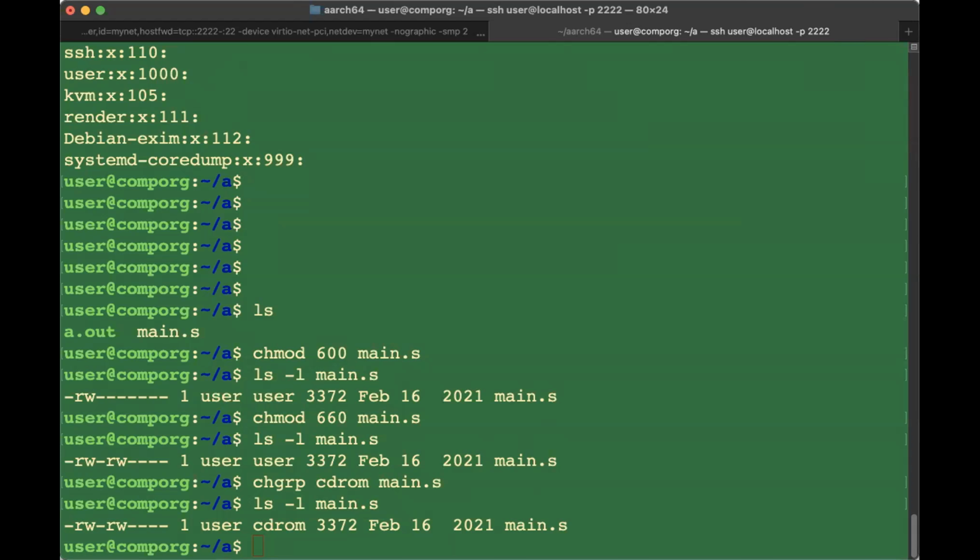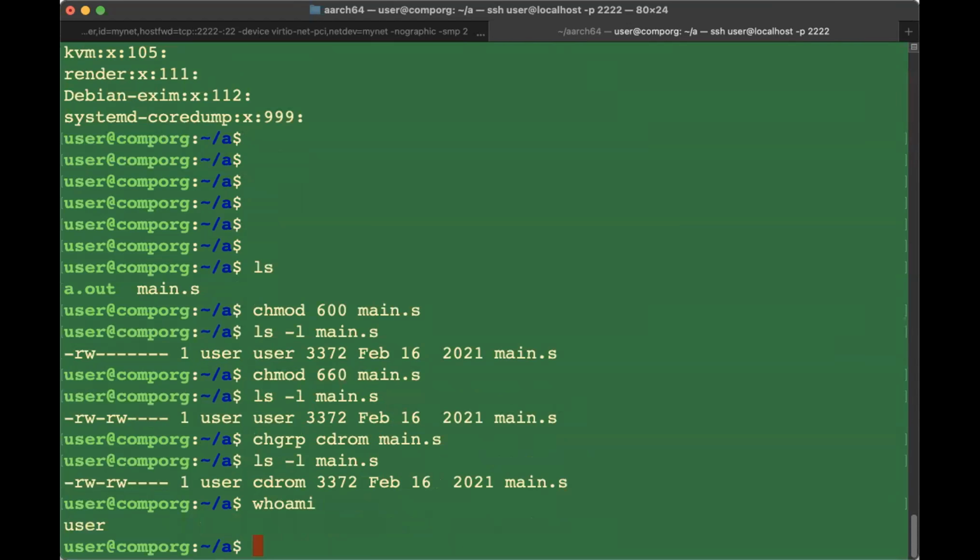I am. Because my account is user. So you can say, who am I? I'm user. So because I am user, these 3 bits take precedence. So I have access to this file.